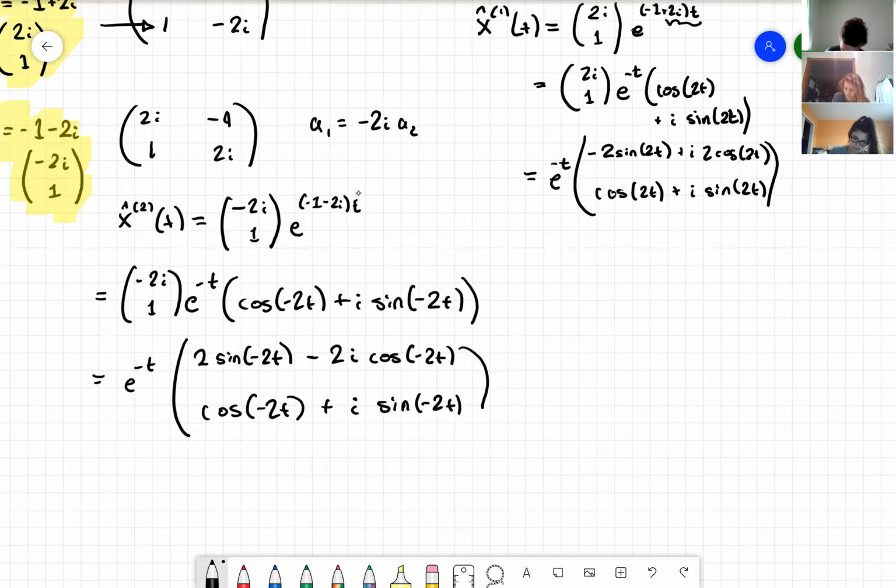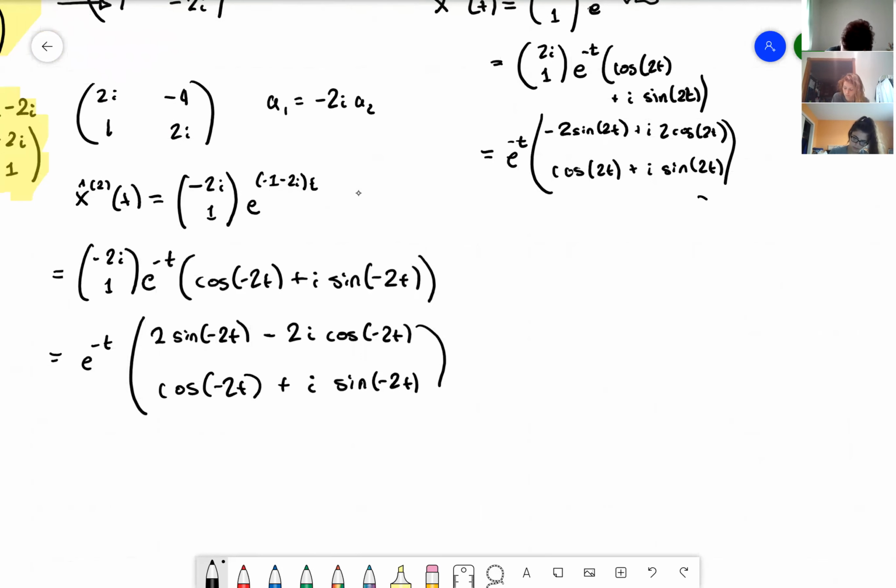Right. So from this one, I get that my real solutions are x1 of t is equal to e to the minus t, minus 2 sine of 2t, cosine 2t, right? That's the real part.